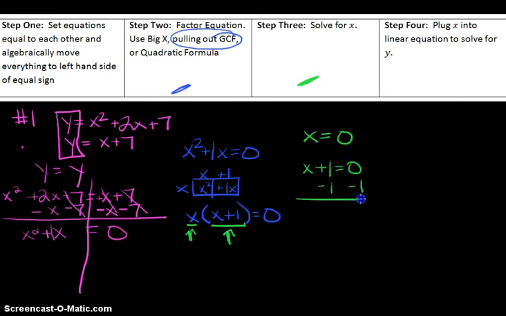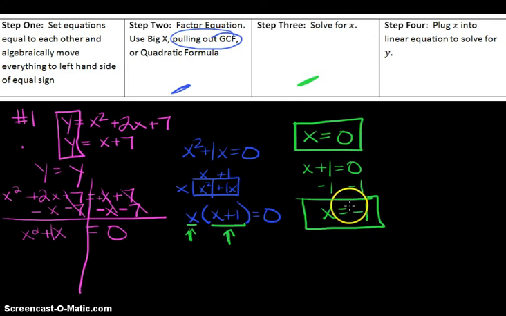And you subtract 1 from both sides. So x equals -1. Okay, so we've got two values for x. I don't want to use the word answer yet, but we have x is equal to 0 and we have x is equal to -1 as well. All right, and so we're done here for step 3.